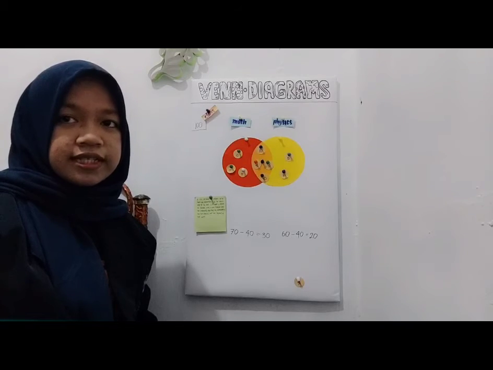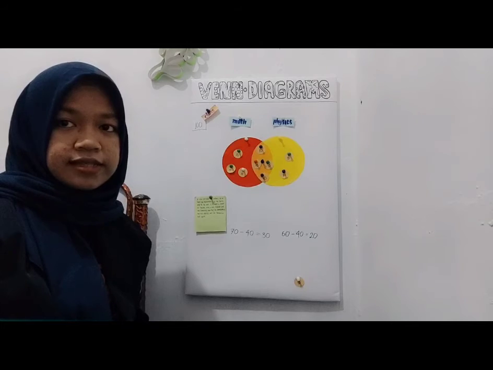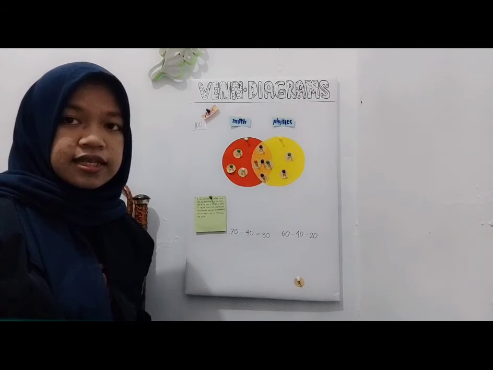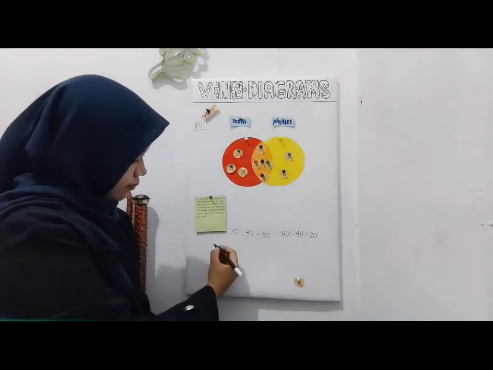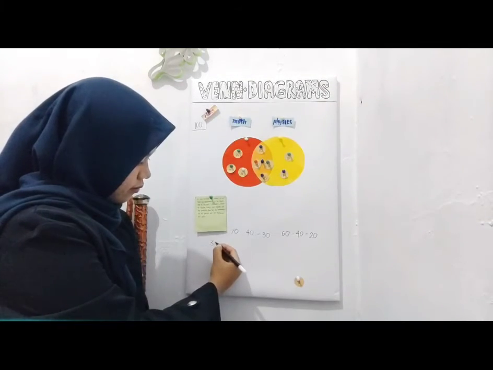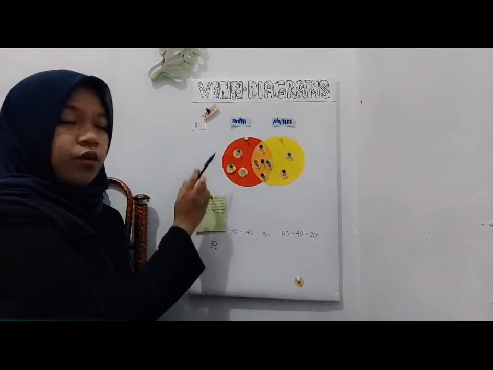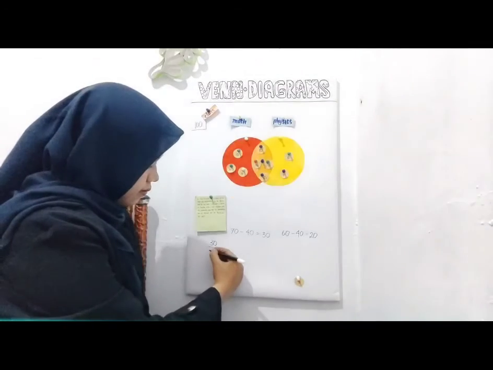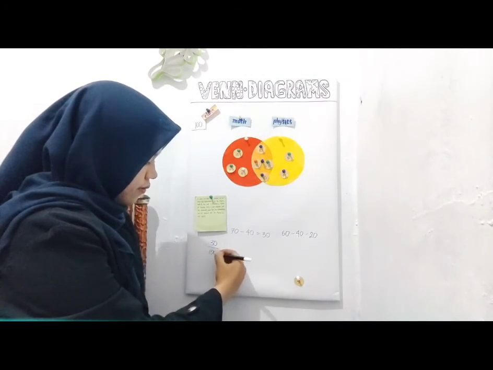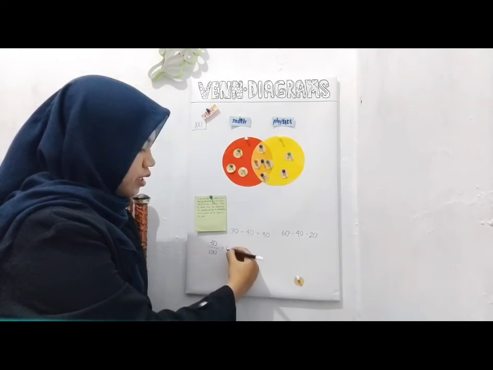The probability that a randomly selected student likes mathematics but not physics is 30 over 100, the total students, equals 0.3.